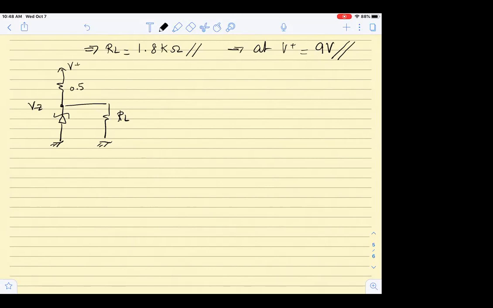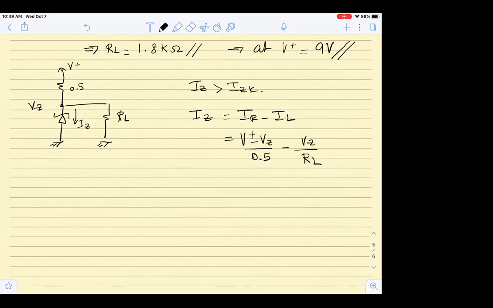My objective is to have IZ greater than IZK, right? So what does IZ equal? IZ, which is going down like this, equals IR minus I load. And IR is equal to V plus minus V Zener over 0.5, minus I load, which is V Zener over RL.